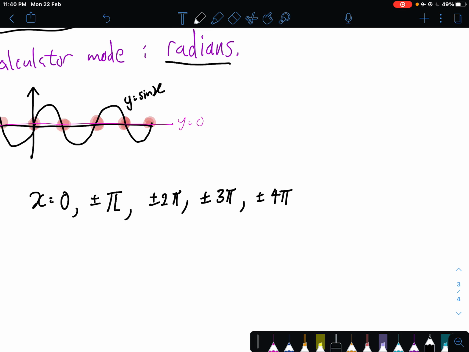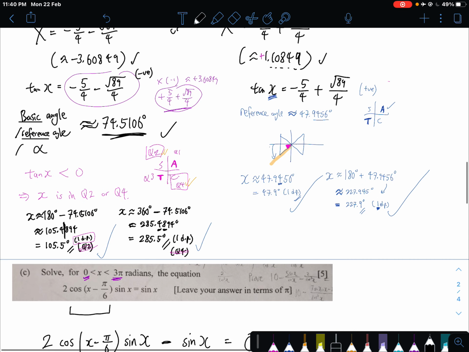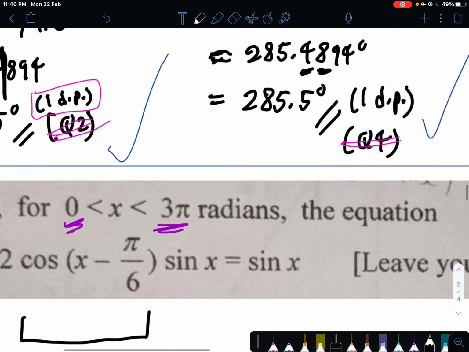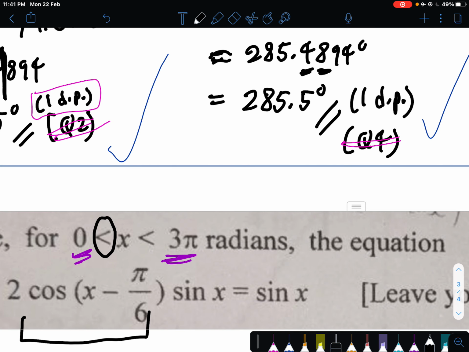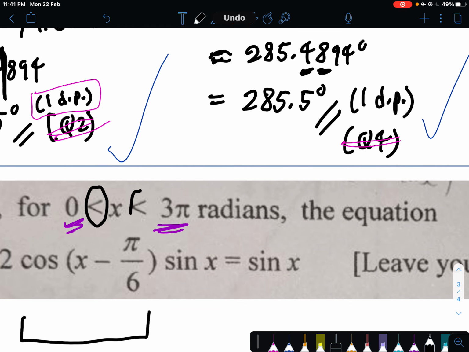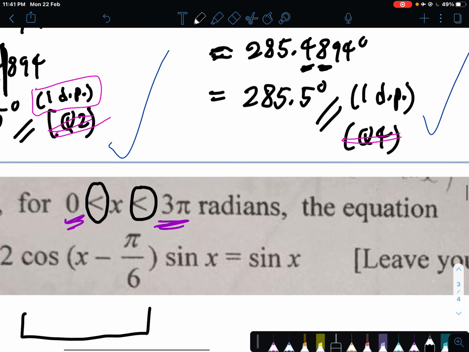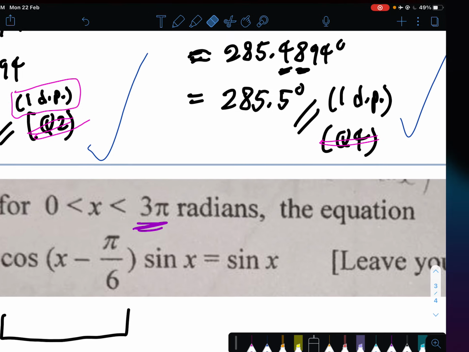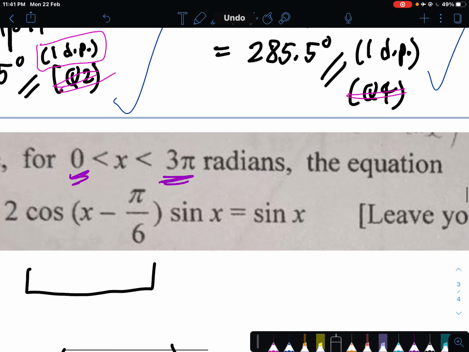But in this case, what the question is asking for is angles that are in between 0 and 3 pi. And notice it is strictly less than. Strictly less than means that we cannot have angles that are exactly equal to 0, or exactly equal to 3 pi.